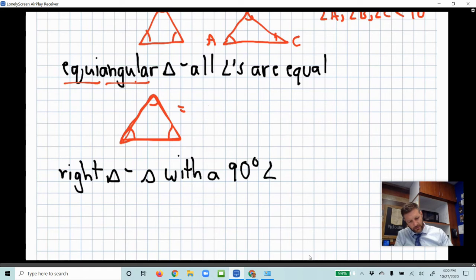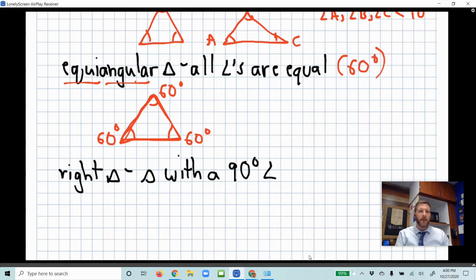Okay, and actually let me write it this way. 60 degrees, 60 degrees, 60 degrees. So you can't have one that's 30, 30, 30 or 45, 45, 45, because all the angles in a triangle have to add up to 180. So if you have an equiangular triangle, you know that every angle is 60 degrees. 3 times 60 equals 180.